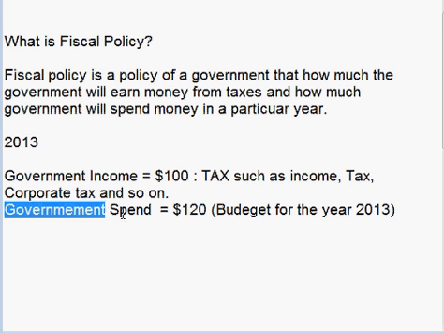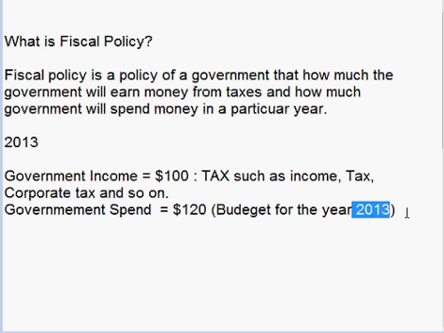And government spending, I say $120, is also called the budget of the government for a particular year, such as 2013. Now, government spending means what?